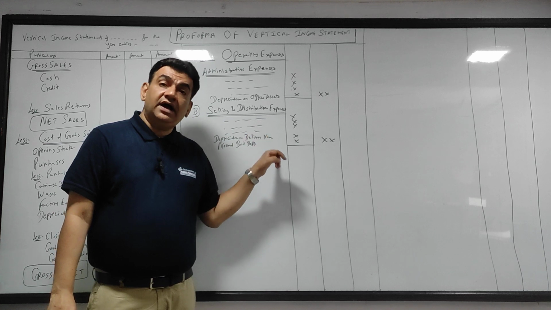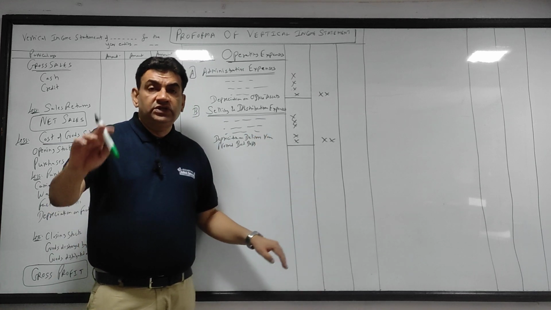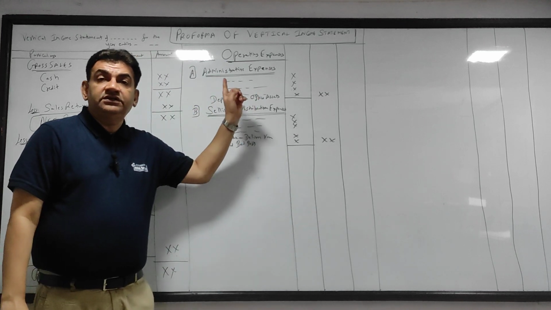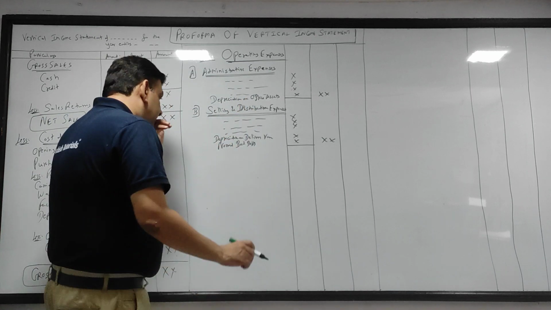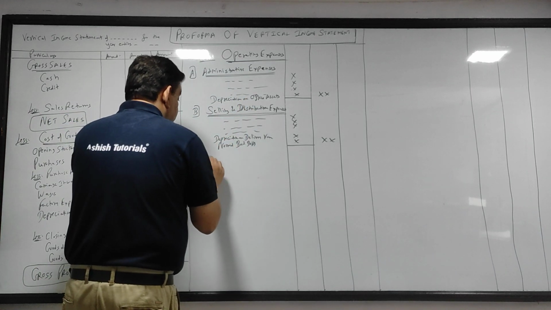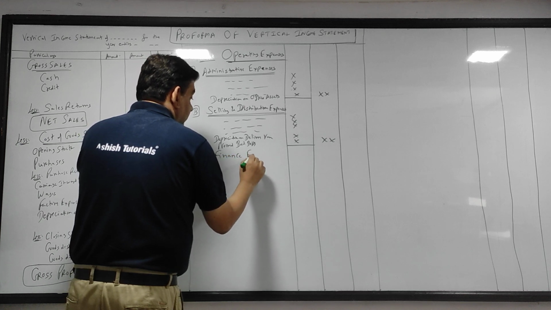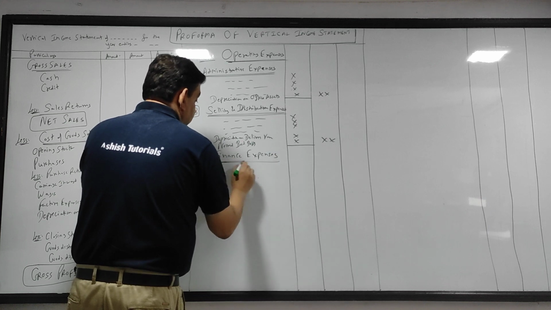Normal bad debts है, abnormal होगा. I'm coming to that point in 2 minutes. So operating expense, 3 parts. First, administrative expense. Second, selling and distribution. And third, finance expenses.